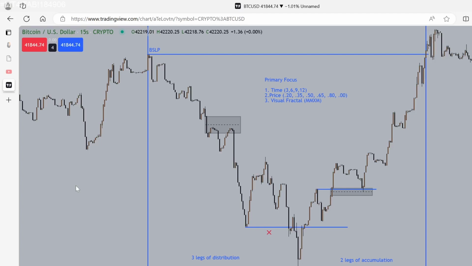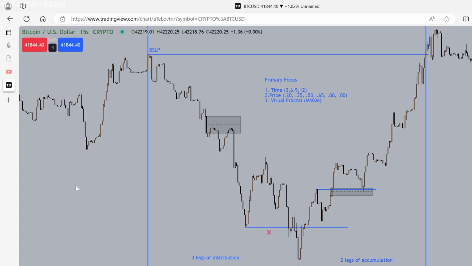These are the two things that we really must focus on: time and price. Very, very important.